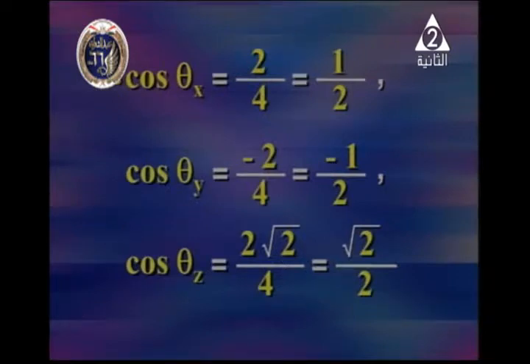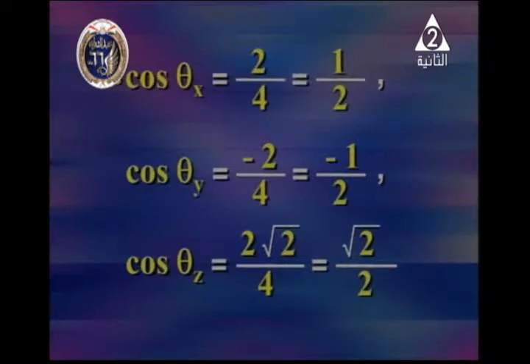Remember, dear student, cosine theta x equals 1 over 2. What is theta x? Excellent student. By using the calculator, we find shift cosine 1 over 2, the value is 60. Why? Because 60 is the angle whose cosine equals 1 over 2.